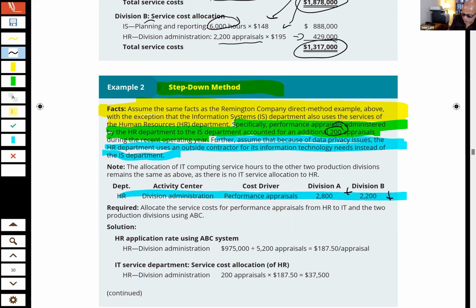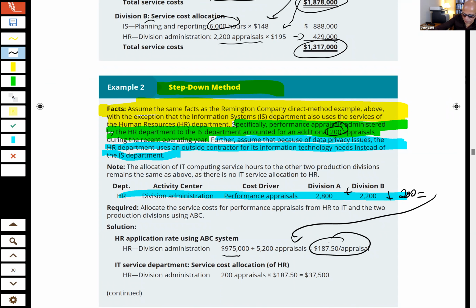Okay, so we still have what? I guess I could put plus 200 here. Okay, that's going to yield us what? The 5,200. We pick up that same cost that we had, the 975, but notice we get a different number now.